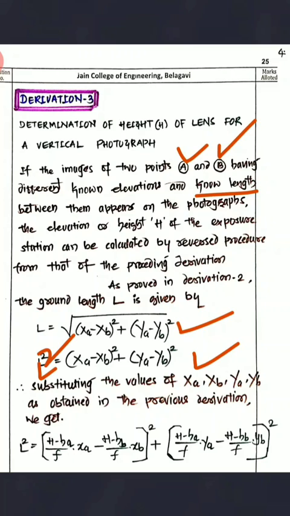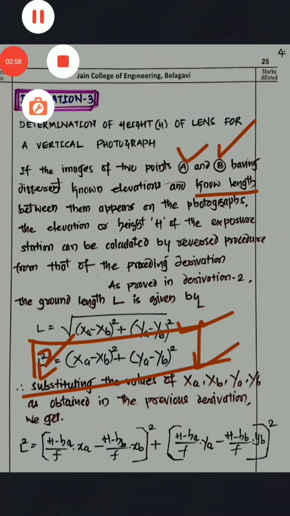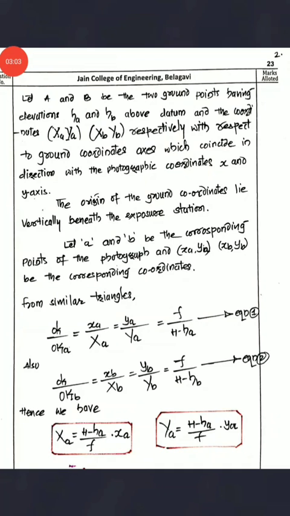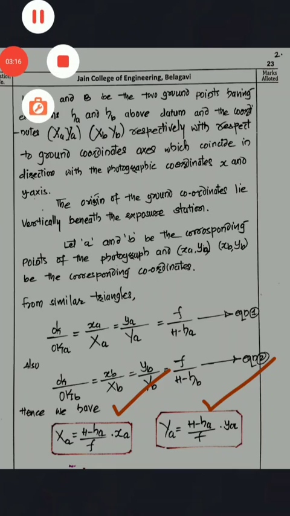Now substituting the values of XA, XB, YA, YB, we can obtain the whole equation in terms of H. Now in derivation 2, what is XA? XA is equal to (H minus ha) divided by f into small xa, and YA is equal to (H minus ha) divided by f into small ya.